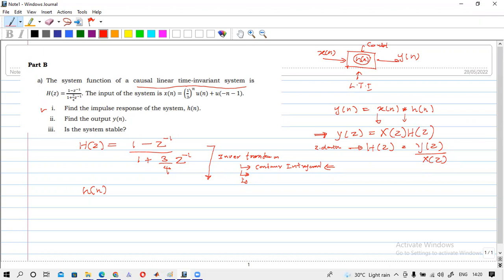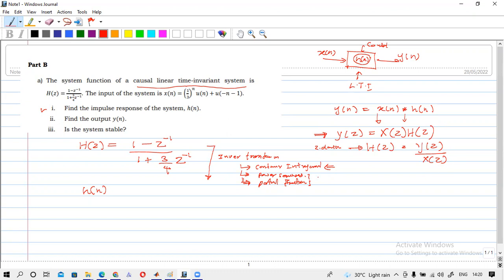We have seen two other shortcuts, can you remember? One is using the power series, and the other is using partial fractions. These two are the shortcuts to find the inverse transform.